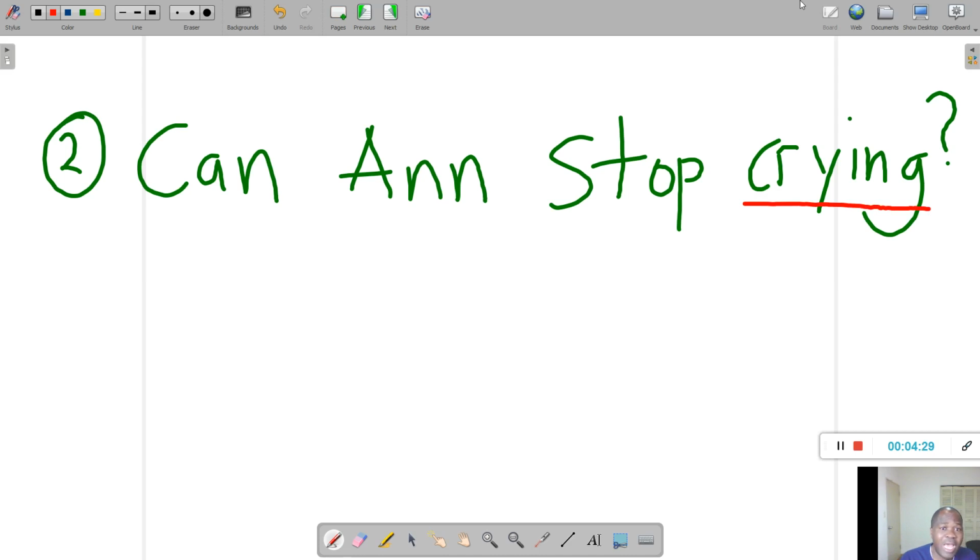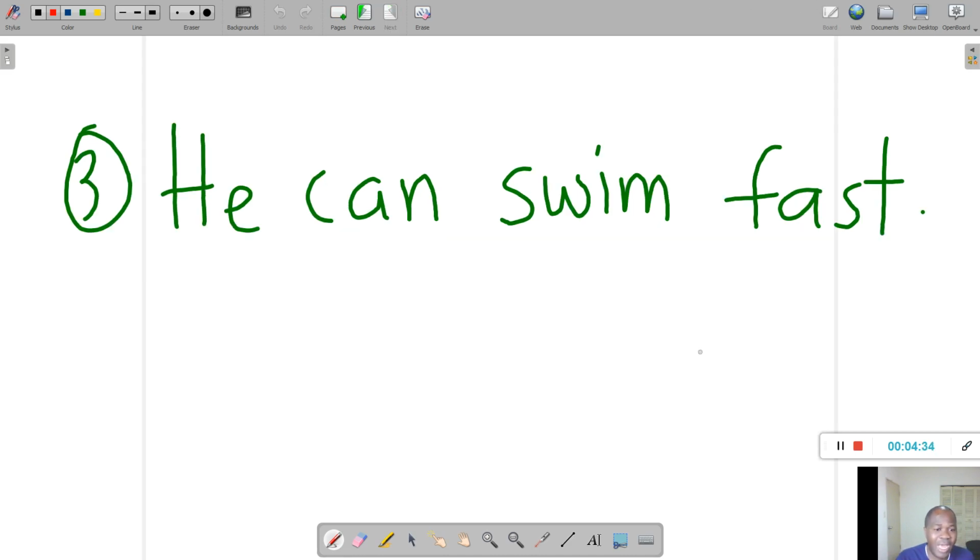Then we go to our last, perhaps, he can swim fast. He can swim fast. If you look at this sentence, there is an action being performed.